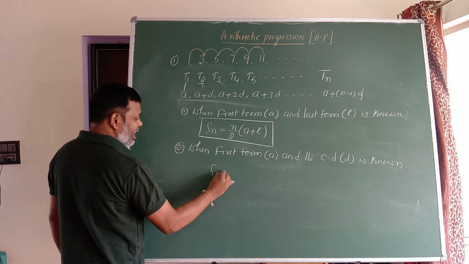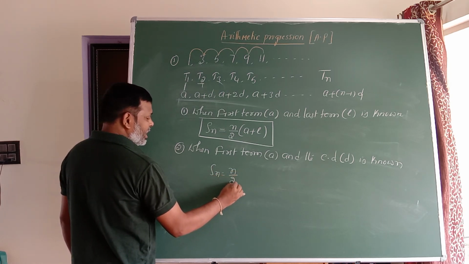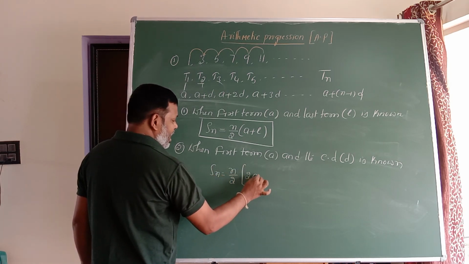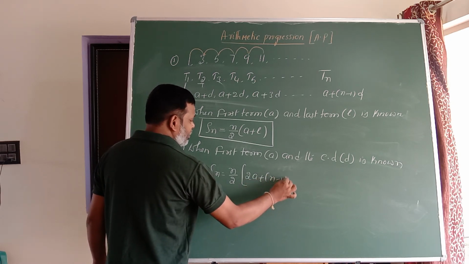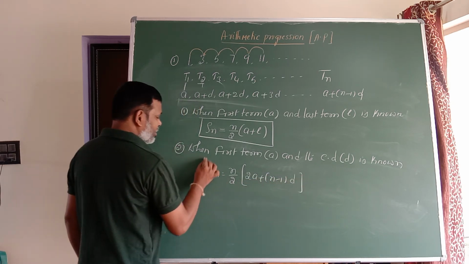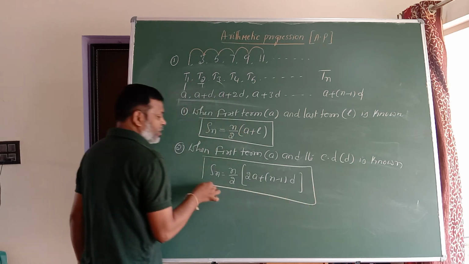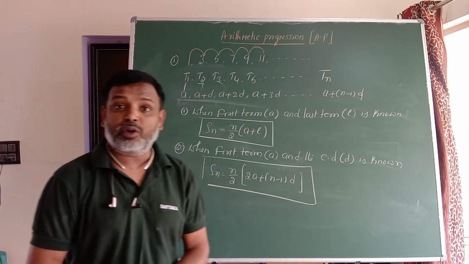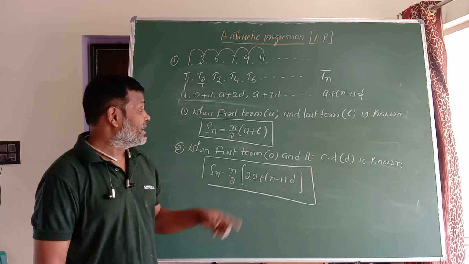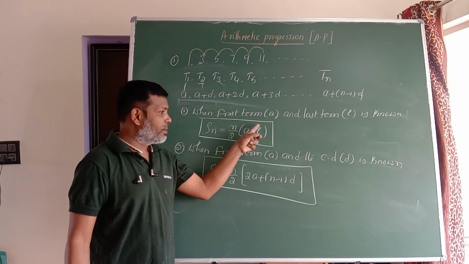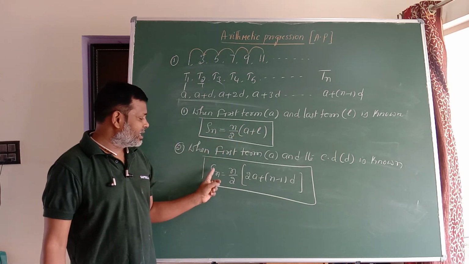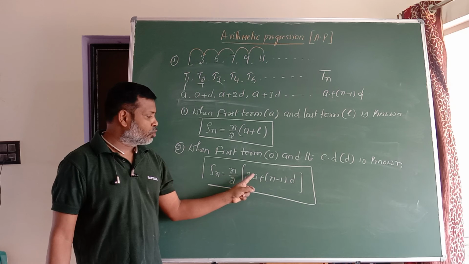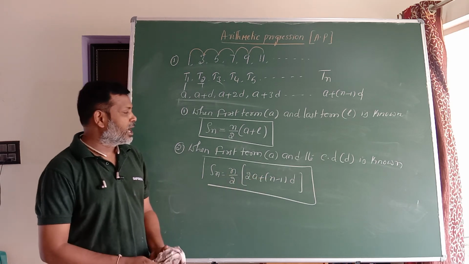Sn is given by, keep in mind, n by 2 into 2A plus n minus 1 into D. This is the formula. Keep in mind. So to find out the sum of an arithmetic progression, we have two formulas. Sn is equal to n by 2 into A plus L. Another one is Sn is equal to n by 2 into 2A plus n minus 1 into D.